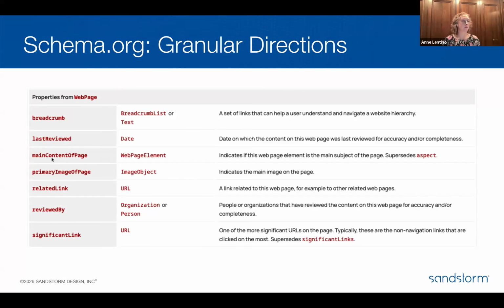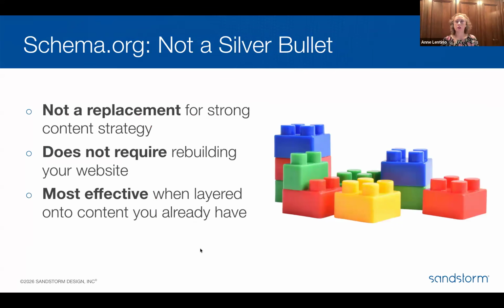We have an entry here for main content of page, primary image of page. These are all things that the powers that be have agreed on are things that one would expect on a web page. Does that mean that you have to have every single one of these? No, but it is helpful when you are thinking about structured content to have this map of what might be expected on a generic web page.